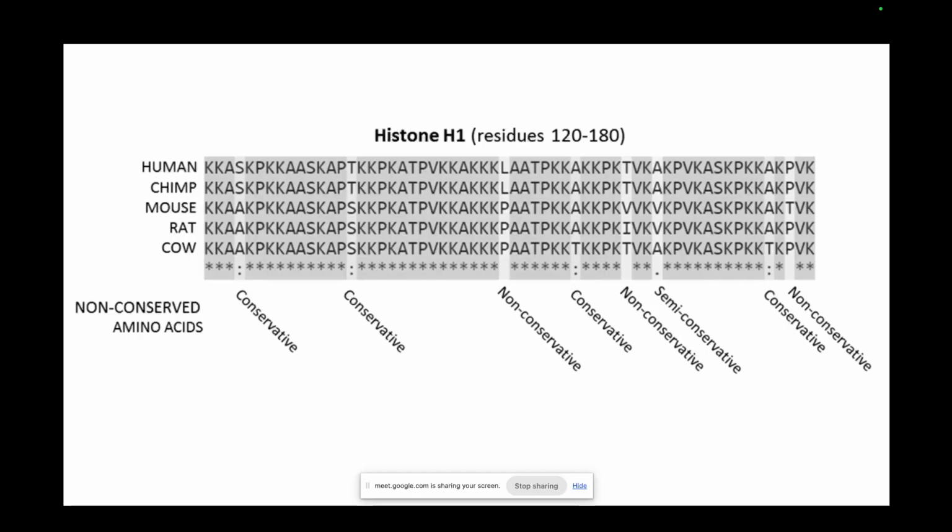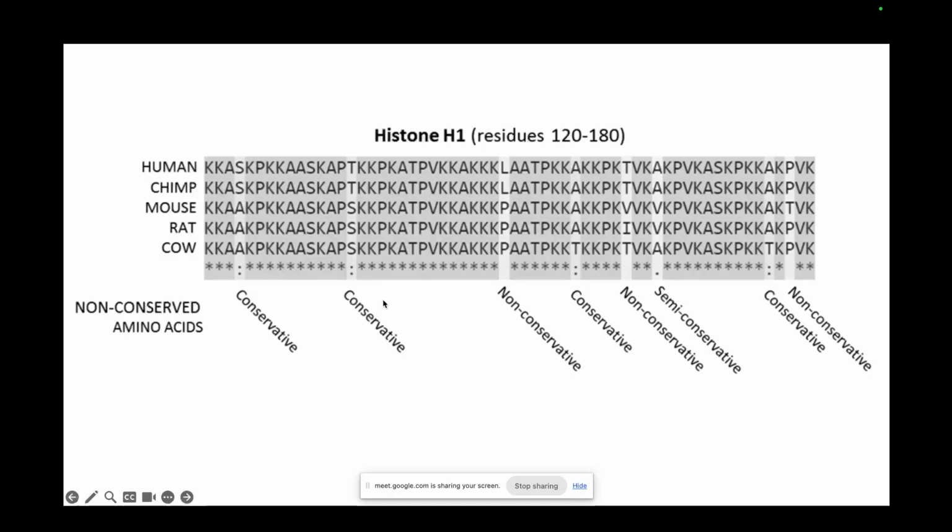Here are five organisms: humans, chimps, mouse, rat, and cow, and these are their sequences of histone H1 protein. Some regions of this protein are highly conserved, and there are certain regions where we have differences. For example, at this particular amino acid position, humans and chimps have the same, while mouse, rat, and cow have different sequences. Similarly in this case.